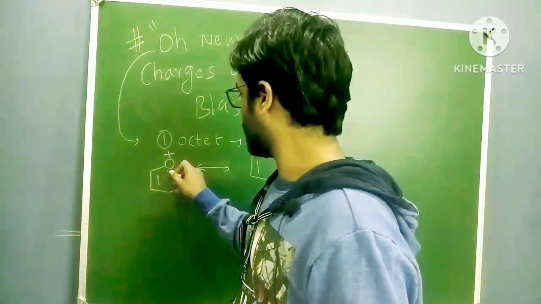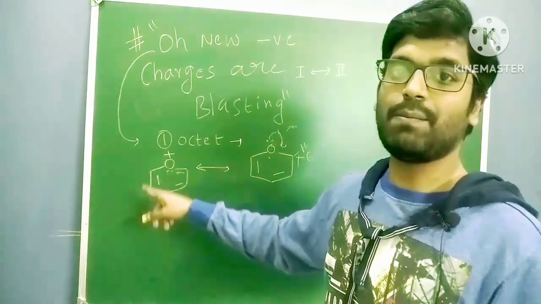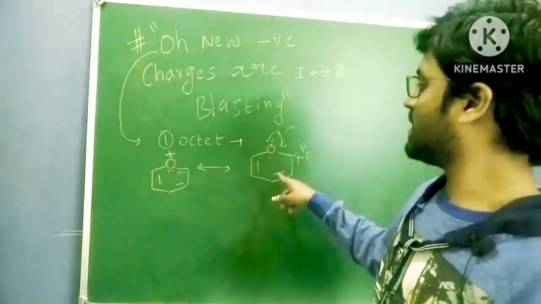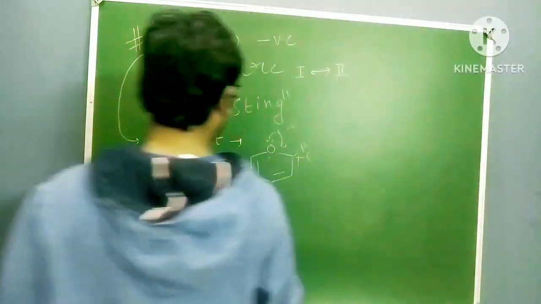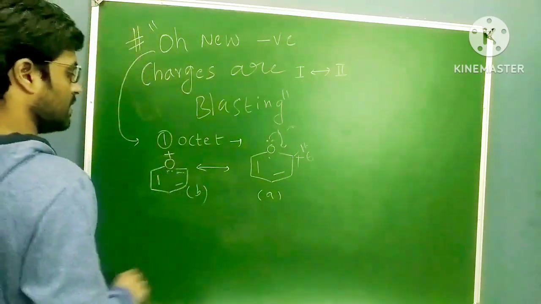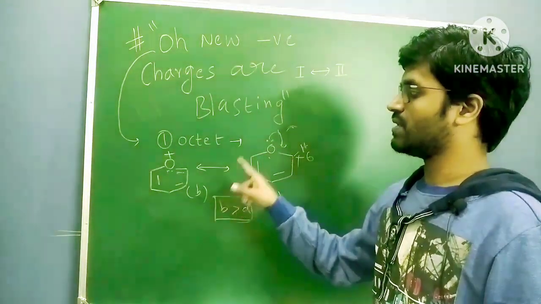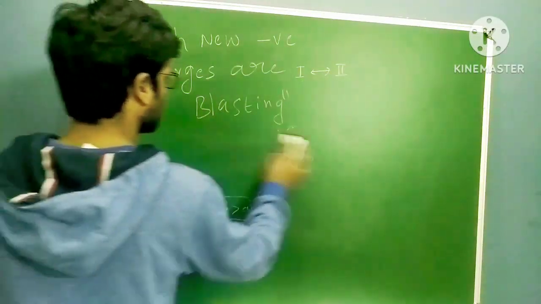Here observe 1, 2, 3, 4, 5, 6, 7, 8. So every atom completed its octet here. Here every atom didn't complete its octet. So if I say this is A, this is B, which structure is more stable? B greater than A, right? So you have to see octet. This is the first example. Next, after octet.